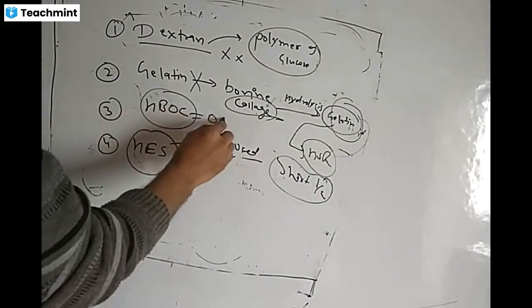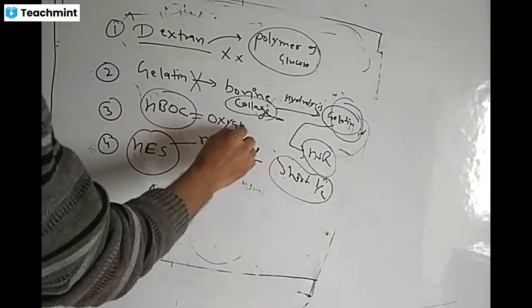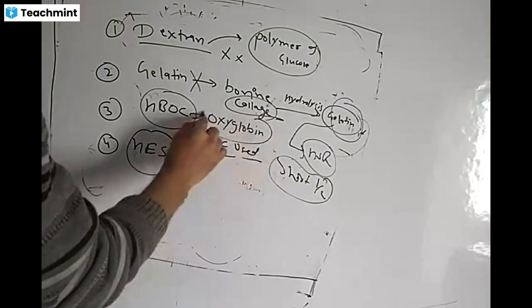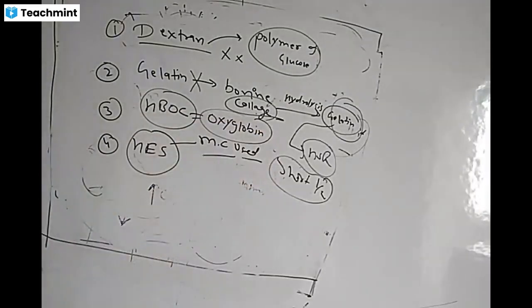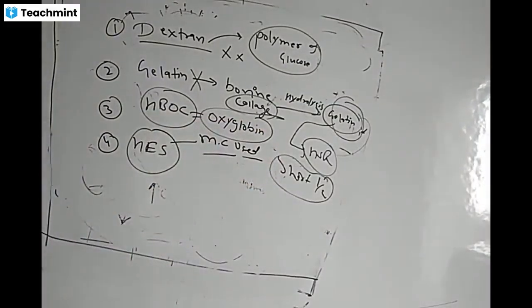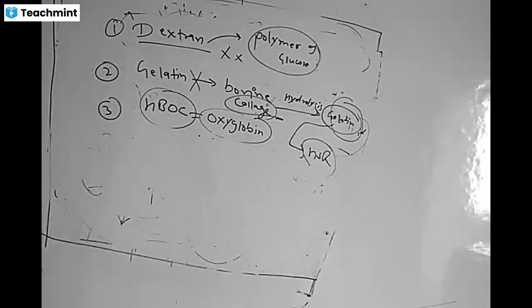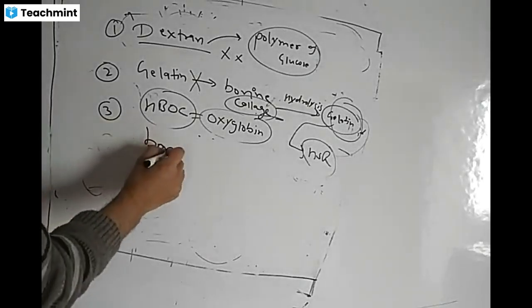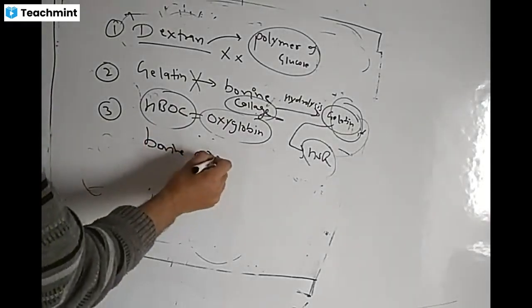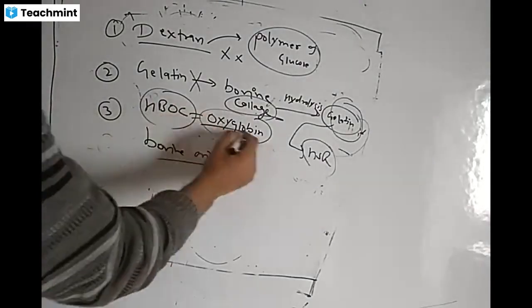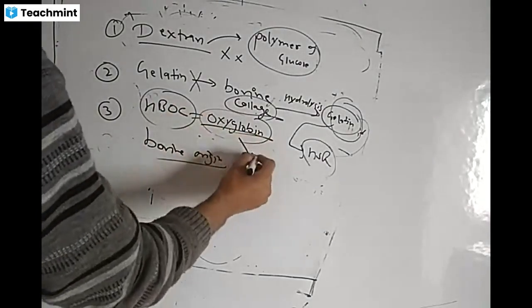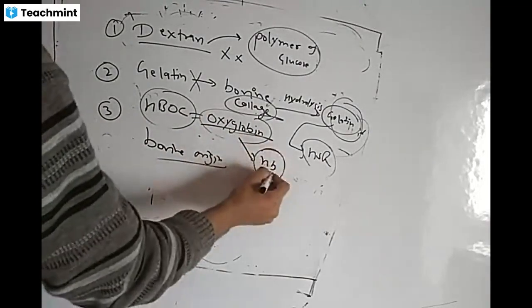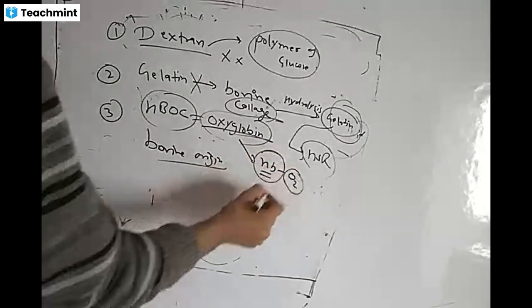HBOC, the example of HBOC is oxyglobin. This oxyglobin molecule is also of bovine origin. In this molecule, oxyglobin, it is nothing but hemoglobin which is carrying oxygen.